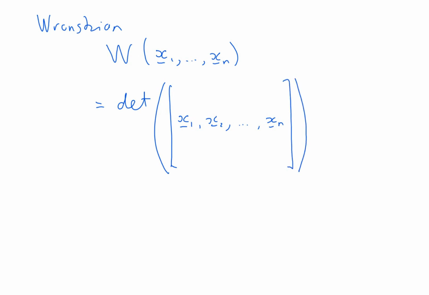So that's an n by n matrix. So you can form its determinant, and that set of vectors is linearly independent if and only if the Wronskian is non-zero. If the Wronskian is 0, they would be linearly dependent.